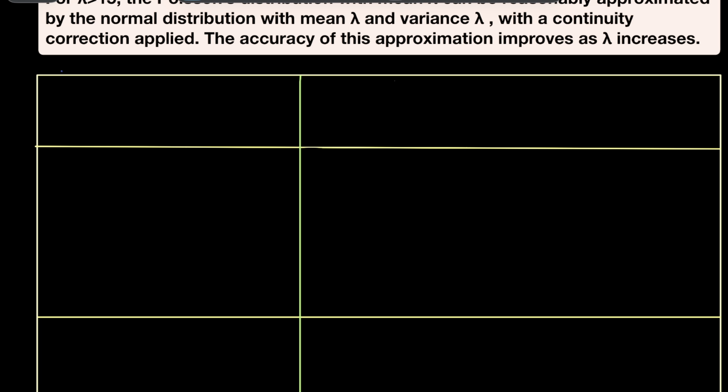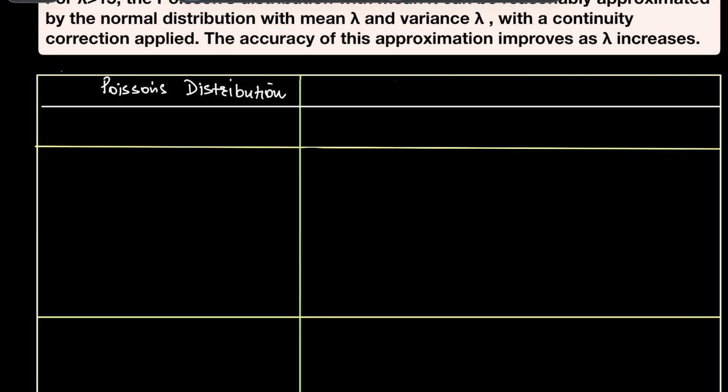First of all, I will write down the heading for Poisson distribution. This is your column for Poisson distribution, and the second column is for representing normal distribution. Let's have a quick look at how we need to do a question.